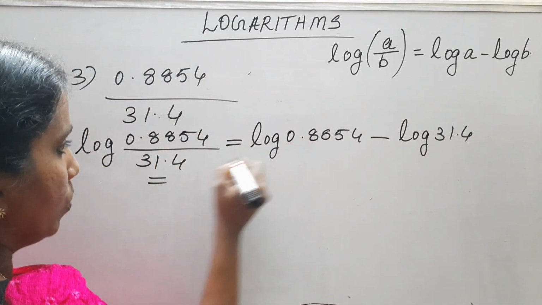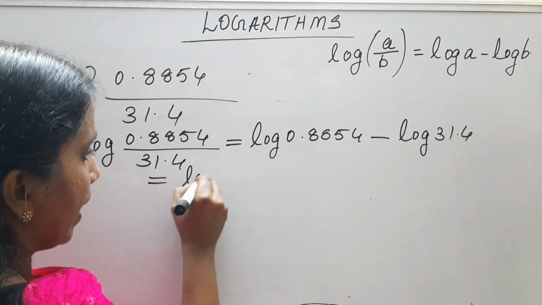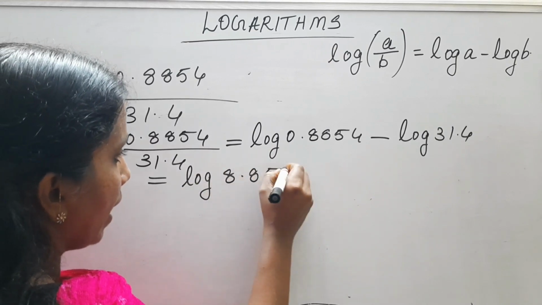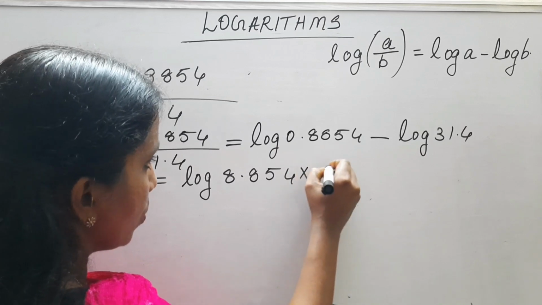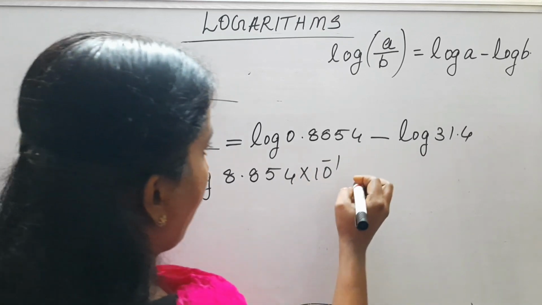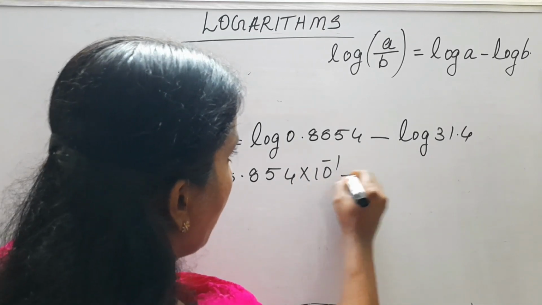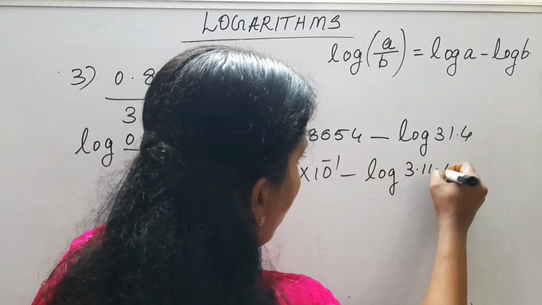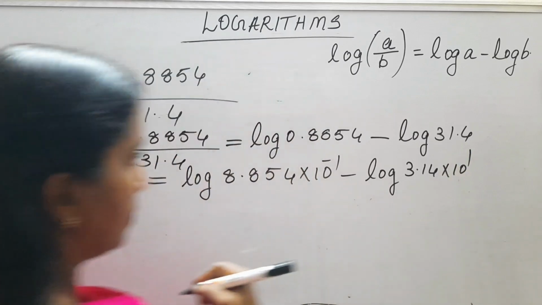That is equal to, here you have to rewrite. So it is the logarithm of 8.854 into 10 raised to minus 1 minus the logarithm of 3.14 into 10 to the power 1.